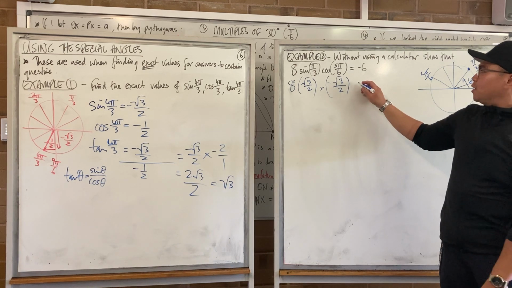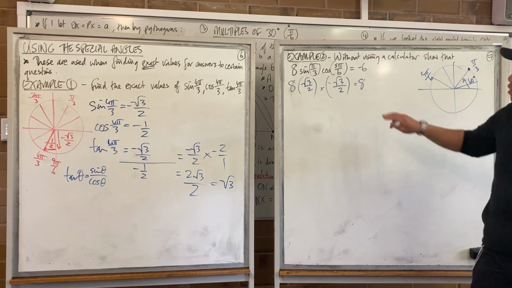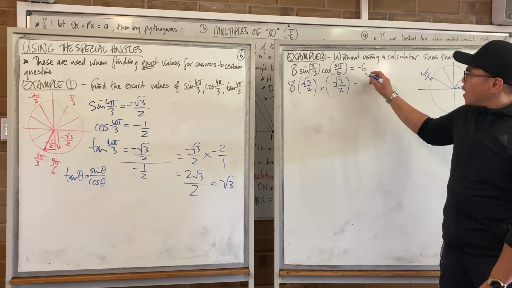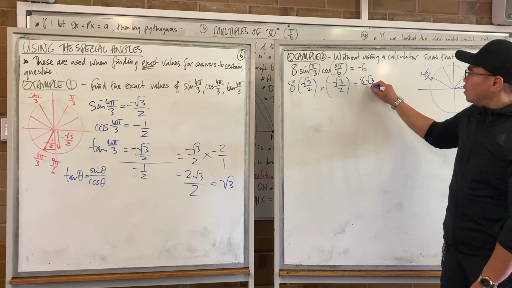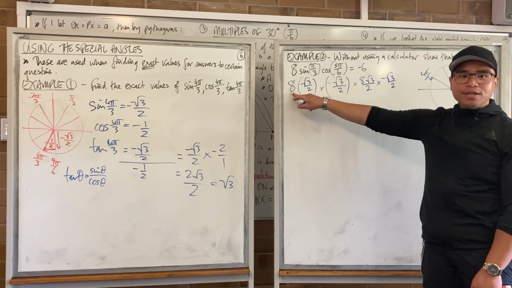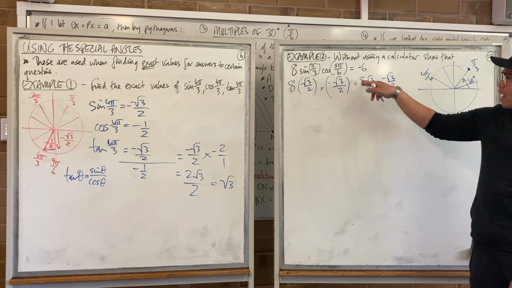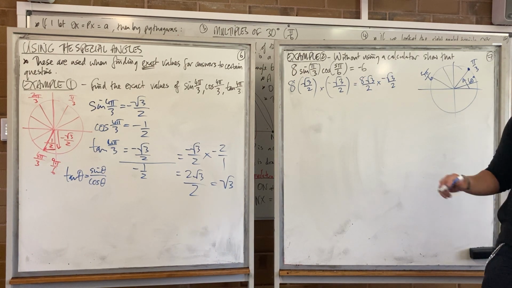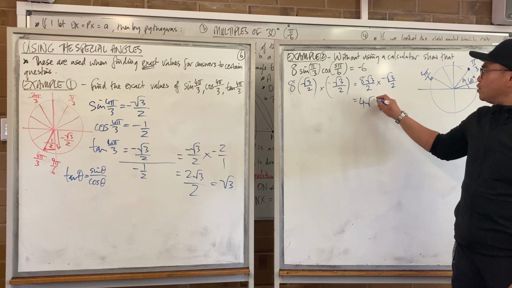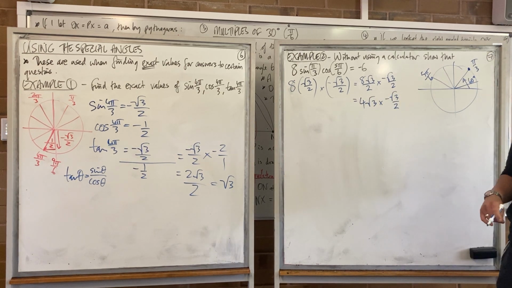Okay, so 8, I'm going to leave the 8 alone. Oh, no, actually I can deal with 8 now. What's 8? 8 root 3 on 2 times by negative root 3 on 2. All I did was bring 8 into this. Does that 8 divided by 2 cancel at all? Yeah, it becomes 4 root 3 times by negative root 3 on 2.